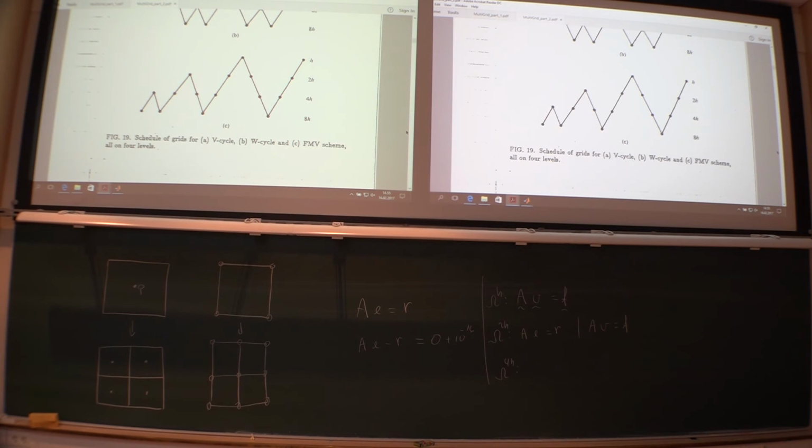So the last one here is a suggestion for a full multigrid V cycle, saying that initially I don't even have a good guess for my solution on the fine level. Hence you start on the coarsest level.